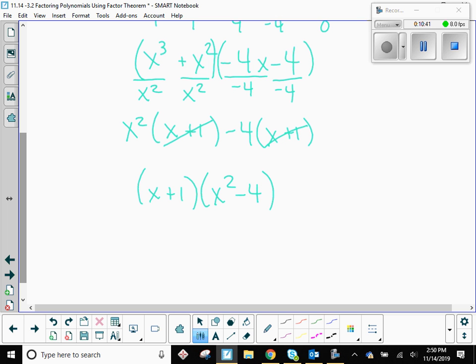And we need to talk about this x squared minus 4 for a second and review something. This is not finished being factored. The x squared minus 4 can be broken down more, and you can do that one of two ways. There is the difference of two squares formula that says this.